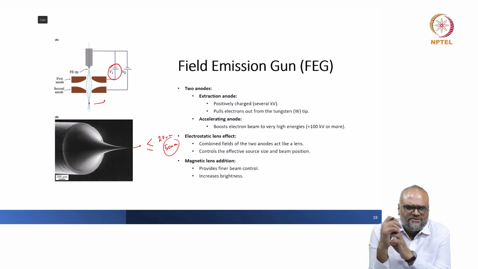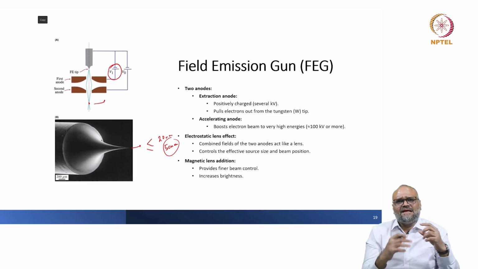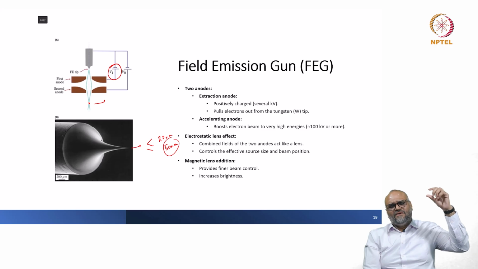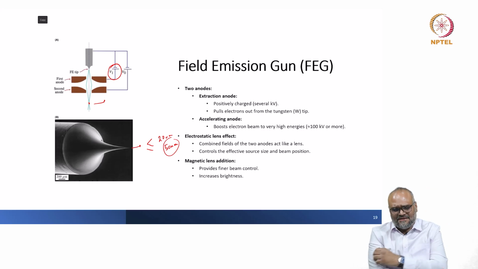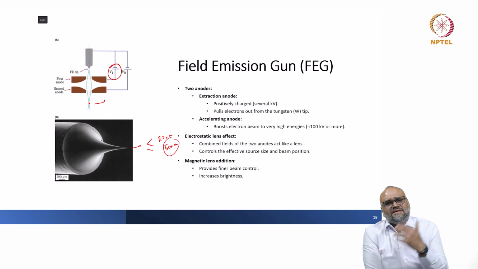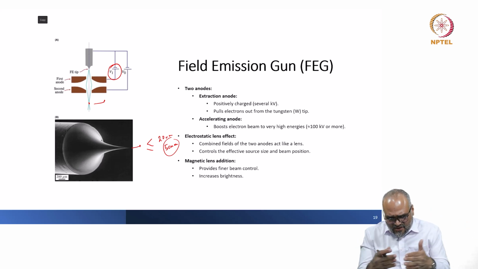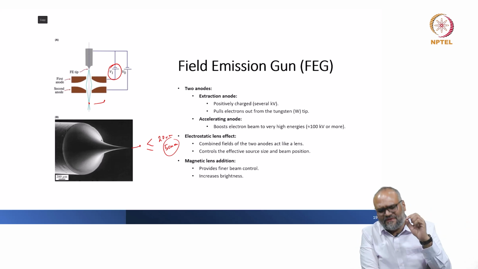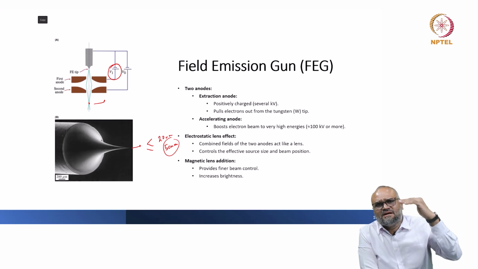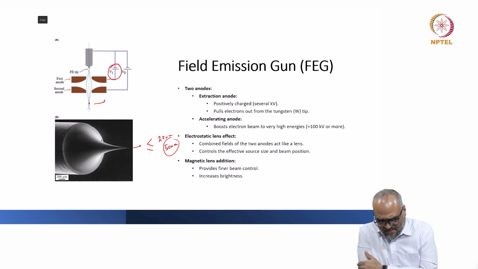So in fact, you can call that, unlike a physical source from where you have the emission happening like an incandescent bulb in a thermionic emitter, here you sort of have a virtual source which is beyond the field emission gun. You have the electron beam focused to a very fine point, which is typically coinciding close to the back focal plane of the second condenser lens.